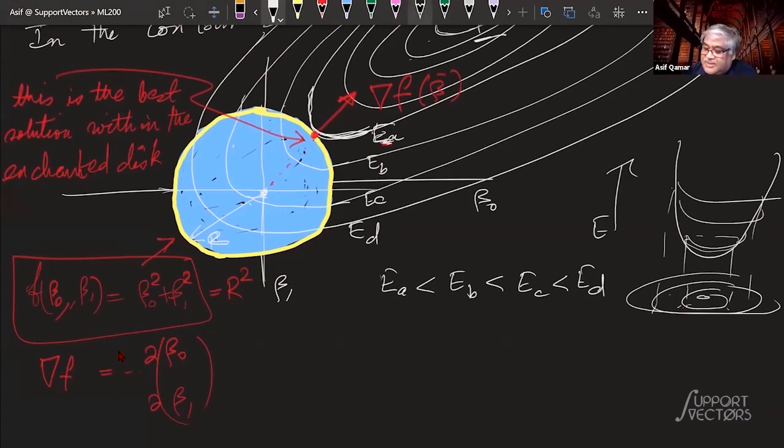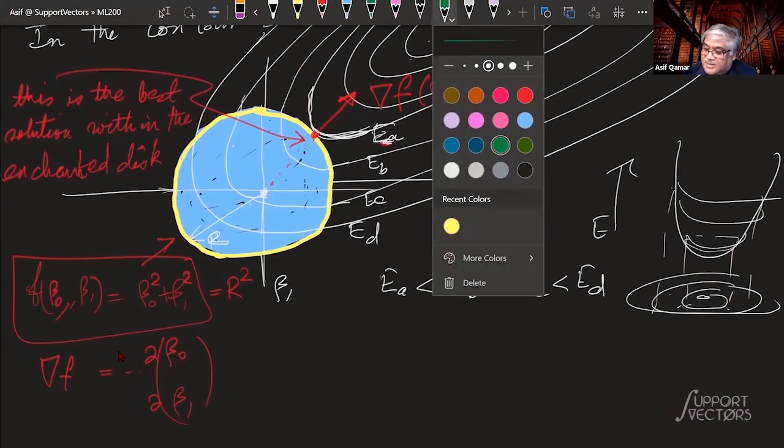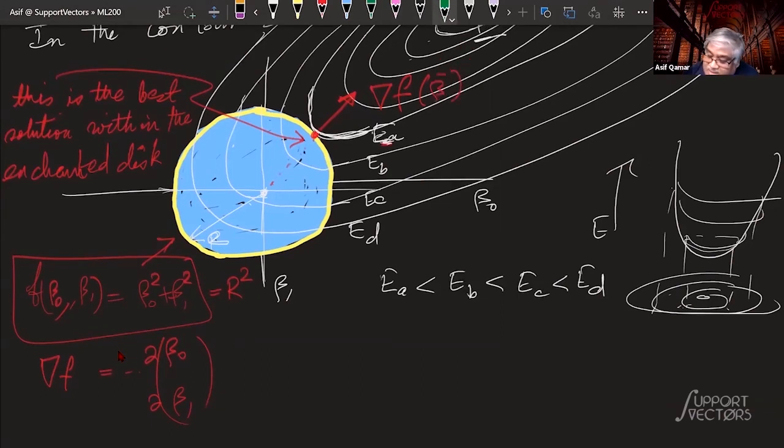Let me use a color that would be visible. Maybe green. So this would be the gradient of the error surface. Would you agree? Yes, the gradient would point like this.